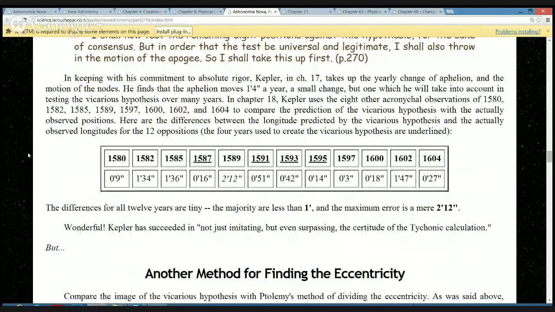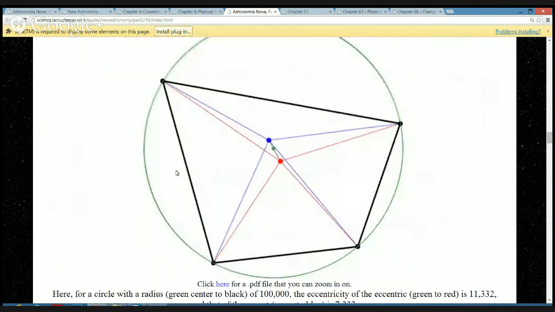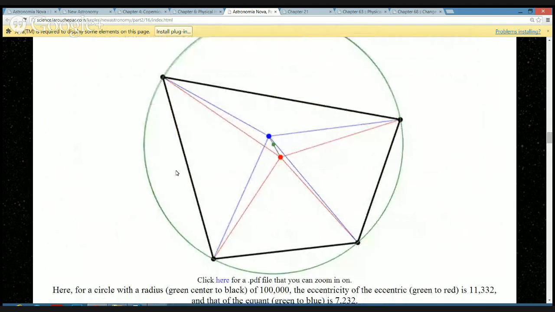Was the blue dot the equant? Yes, the blue dot was the equant. Let me take a look back at that again. Yes, here the blue dot is the equant. The dark blue dot. It's hard to see. The three dots around the middle of the picture here are red, green, and blue.